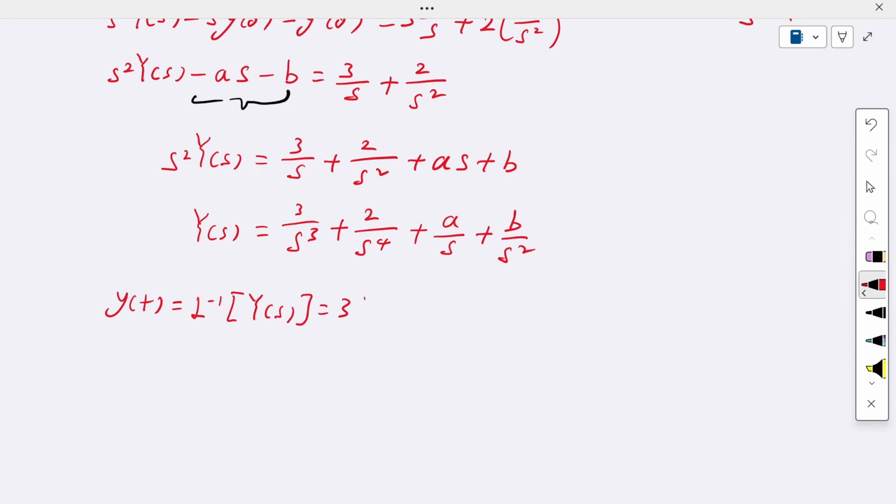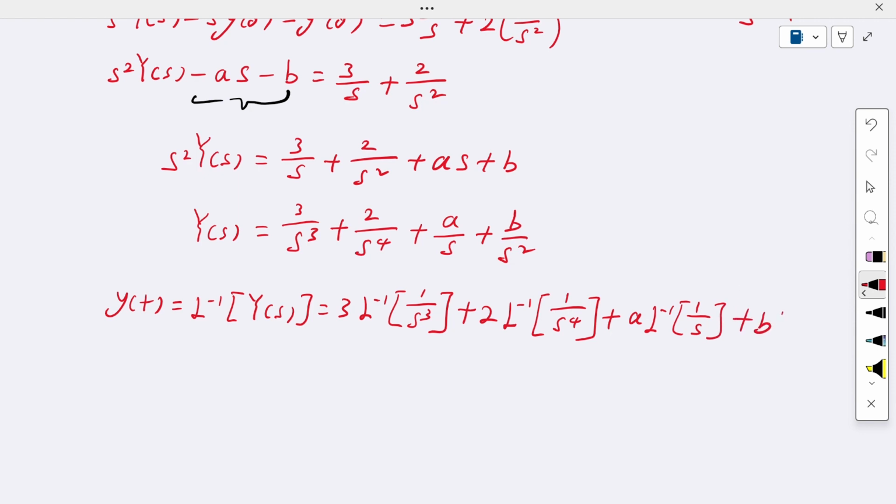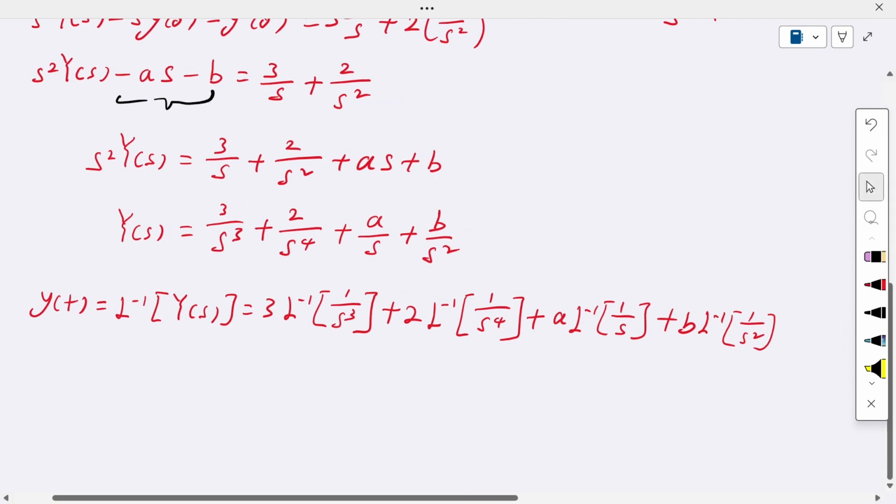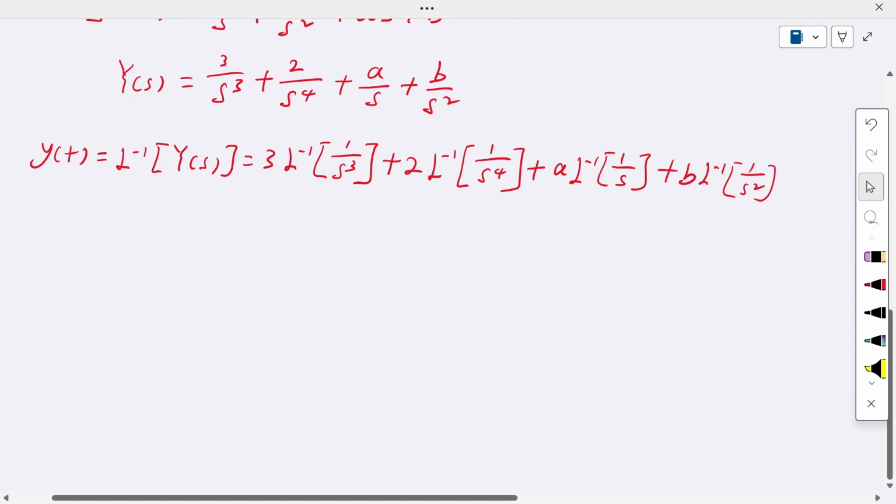We have 3 times the inverse Laplace transform of 1 over s cubed, plus 2 times the inverse Laplace transform of 1 over s to the 4, plus a times the inverse Laplace transform of 1 over s, then plus b times the inverse Laplace transform of 1 over s squared. Now we're going to solve for this.